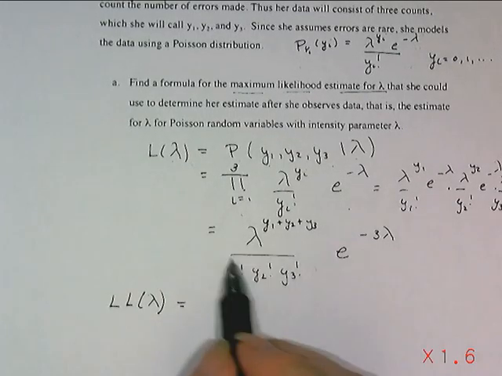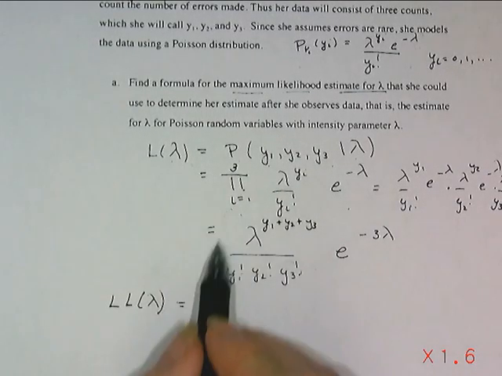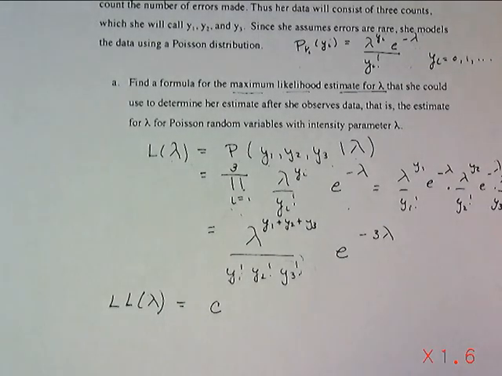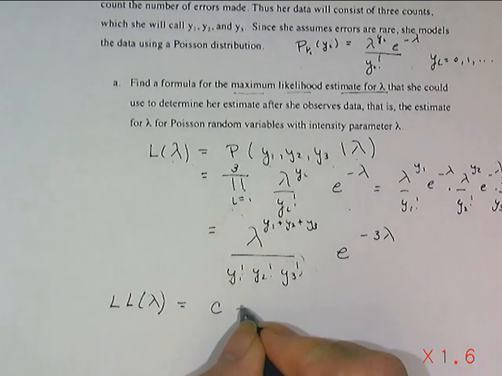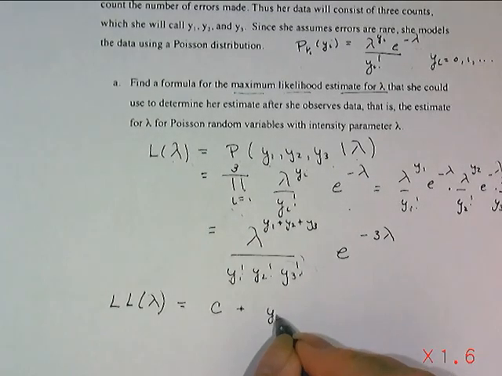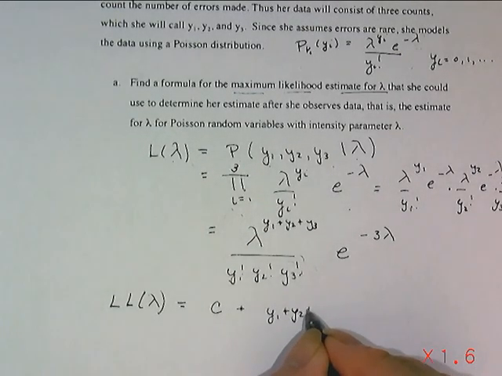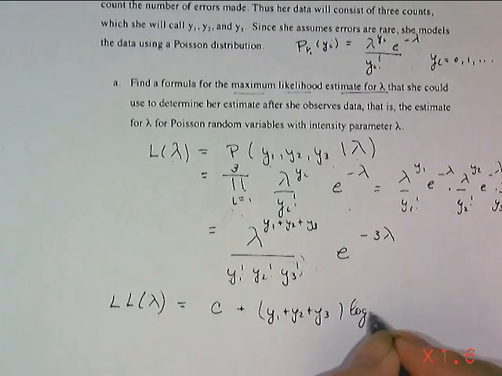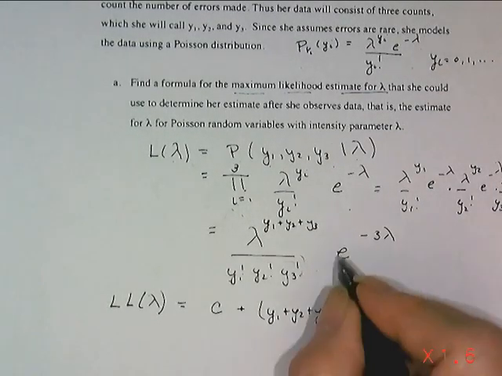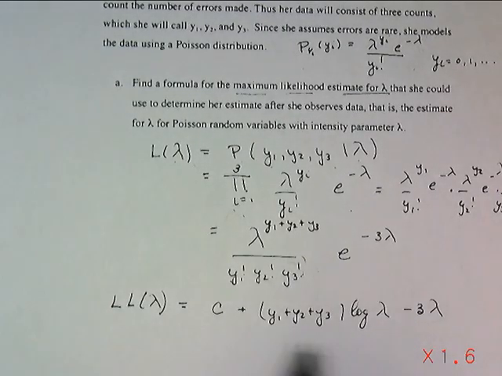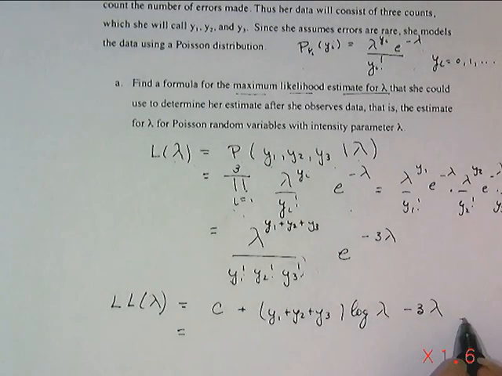So I take the log of this, and the log of this piece of it is just a constant, and I don't care, so I'll just write it C. Plus the log of this factor is y1 plus y2 plus y3 times the log of lambda, and the log of this piece is minus 3 lambda. And so what I have here is the log of the likelihood.